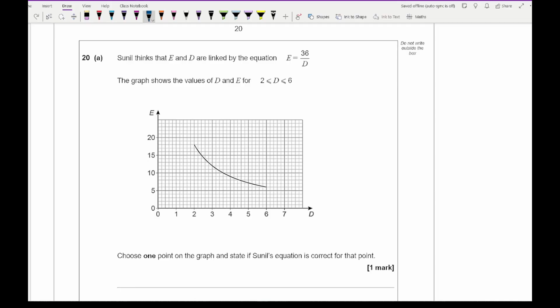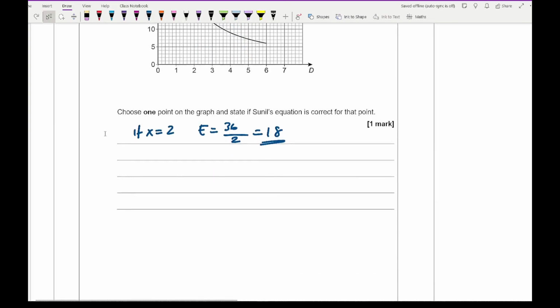So let's go for this point here. At that point, D is 2, and I make E out to be 18. So if D equals 2, then we get E equals 36 divided by 2, which equals 18. And as you can see, that point is correct.